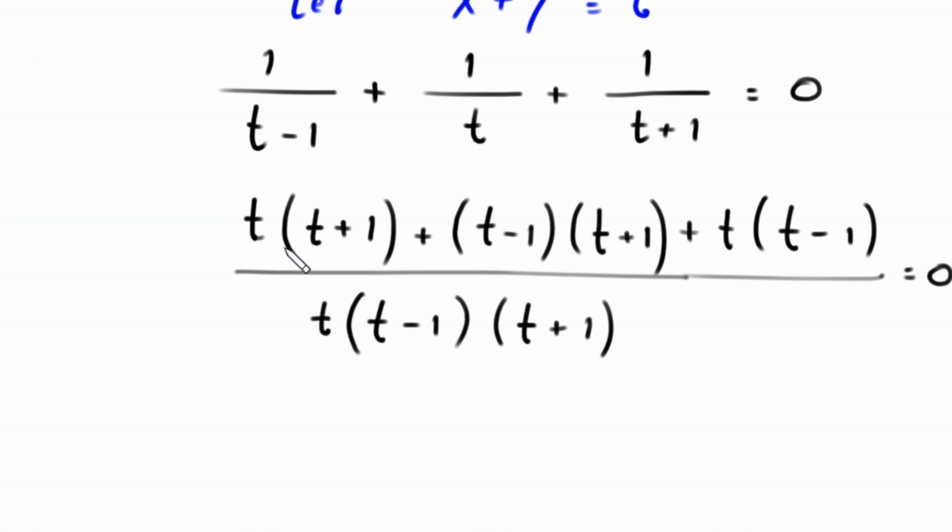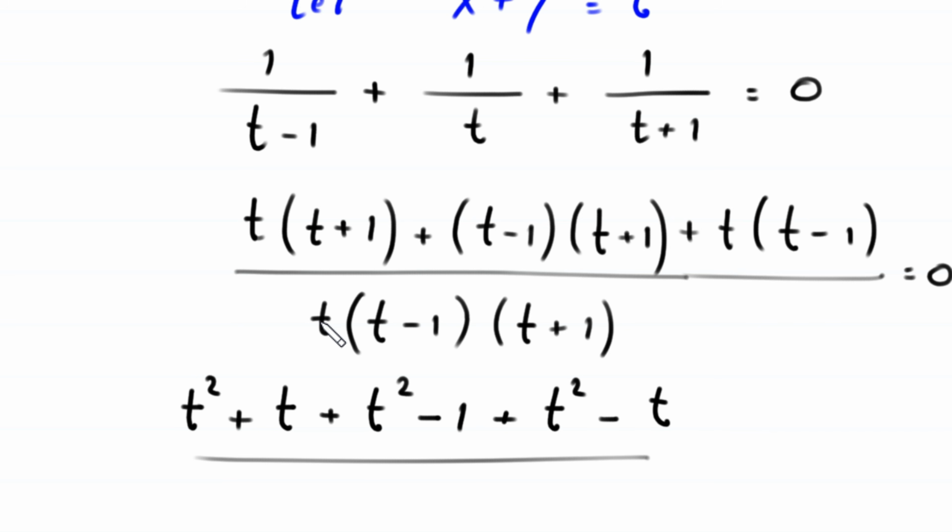Further simplify, this will become t times 1 plus t, that is t squared plus t, and t minus 1 times t plus 1 will become plus t squared minus 1, plus distribute this t times t minus 1: t times t is t squared, and t times negative 1 is negative t, divided by this t times t minus 1 times t plus 1, which will become t squared minus 1, equal to 0.